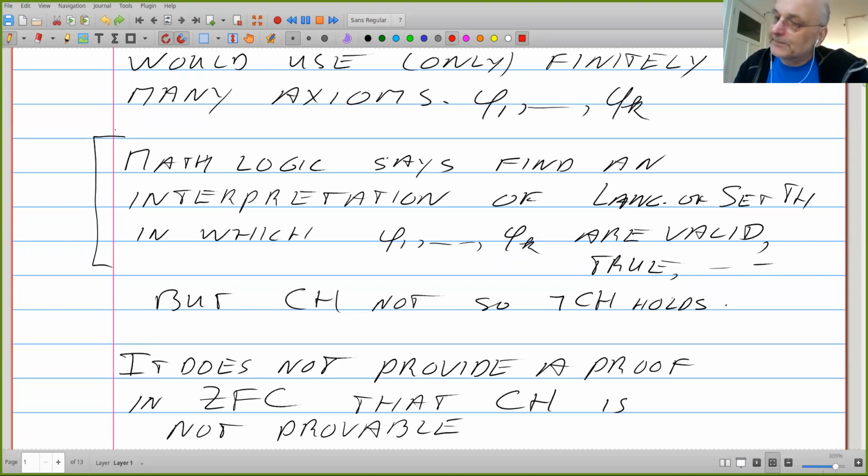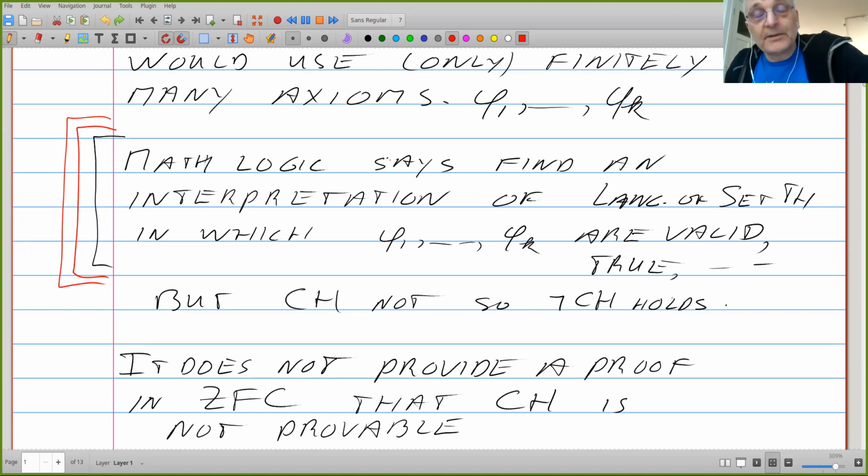Let me make it red. And look closely. I don't have the CH in that bracket. I'm going to show you how to build a structure that satisfies any given finite number of axioms of ZFC.